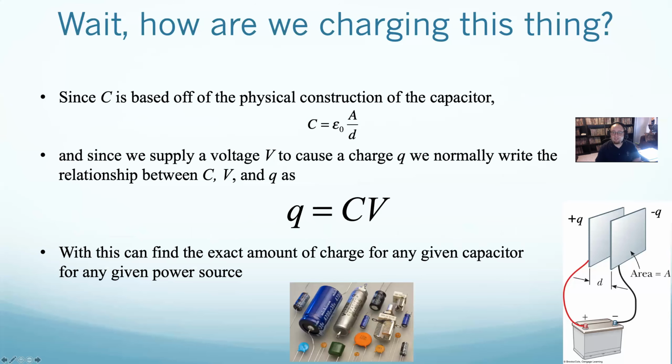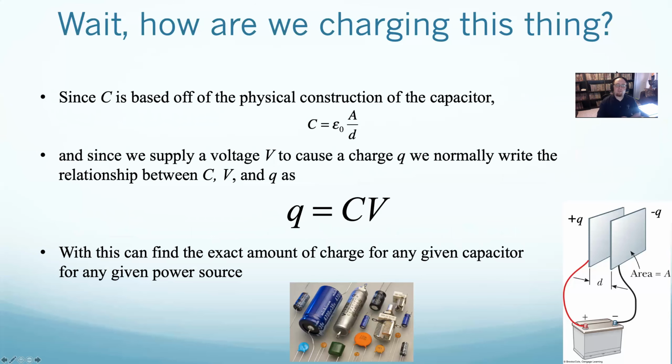Now, we already said that capacitance is based off the physical construction of the capacitor: the capacitance of any capacitor is the permittivity of free space times the area of each plate over the distance between them. For each capacitor, the amount of charge it will hold goes as Q = CV, Q being charge, C being capacitance, and V being that electric potential, more commonly called voltage.